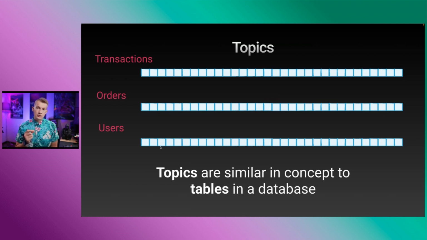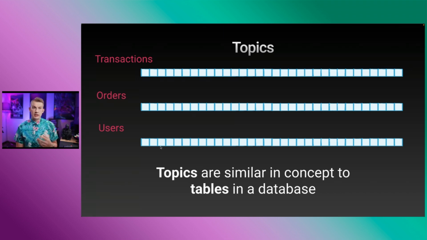A partition is a unit of storage inside Kafka, and it can be spread across multiple different Kafka broker nodes. Kafka is a distributed system. The partitions are spread across multiple different physical nodes. Topics are very similar conceptually to tables in your database, if you're familiar with this concept.